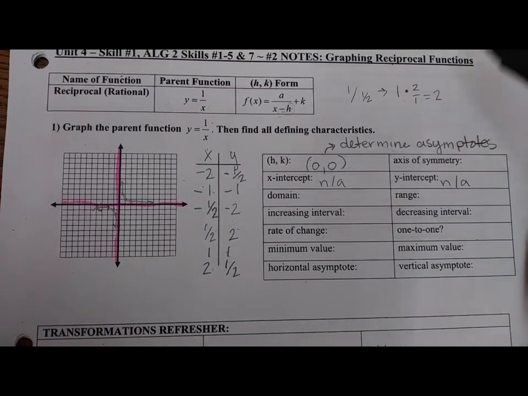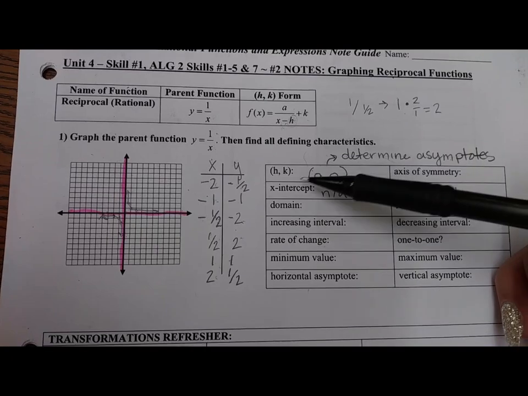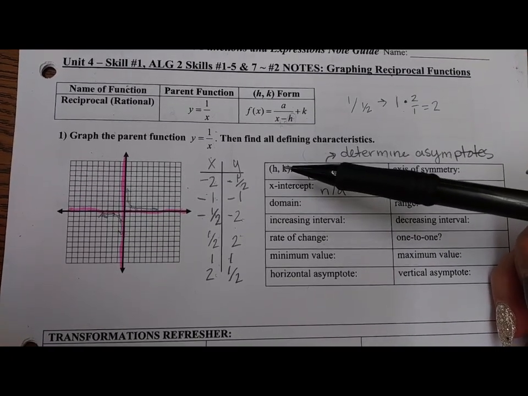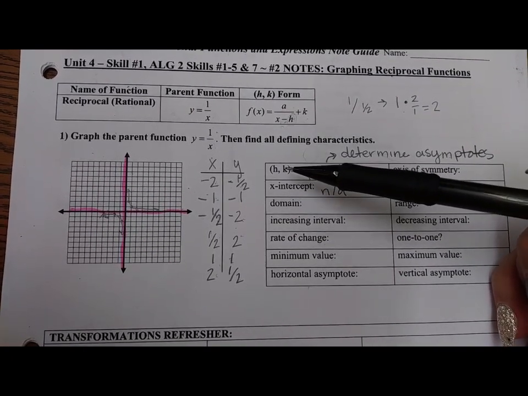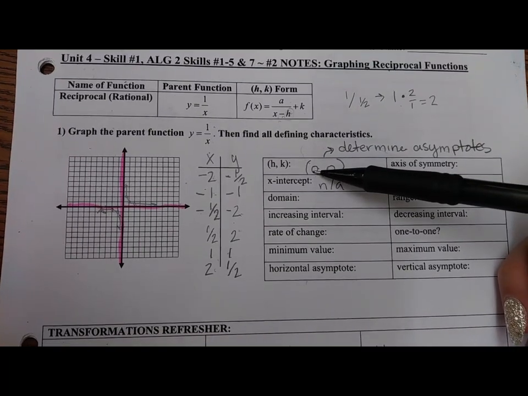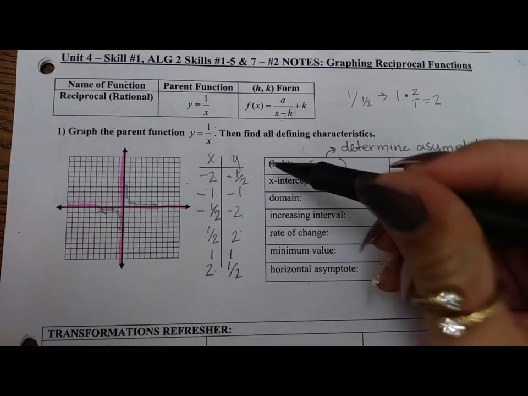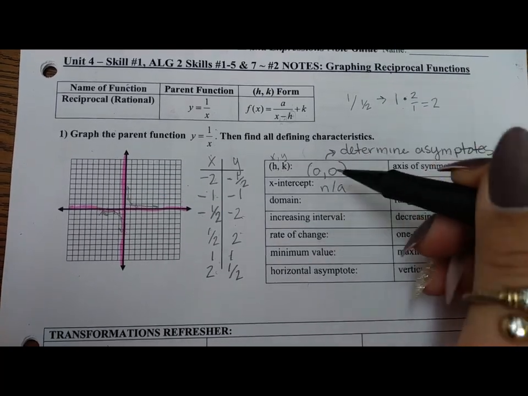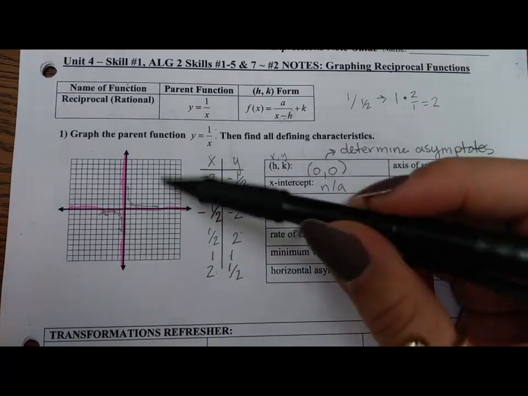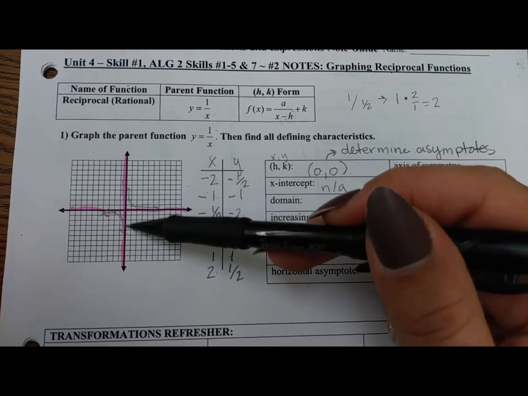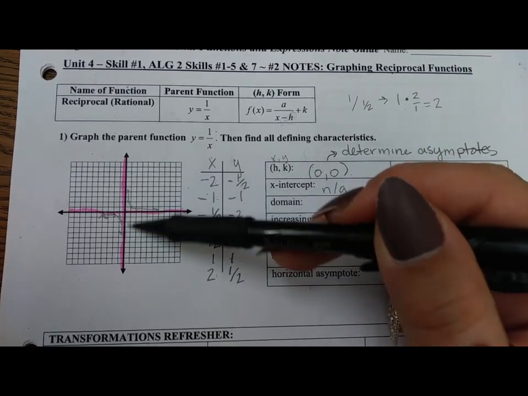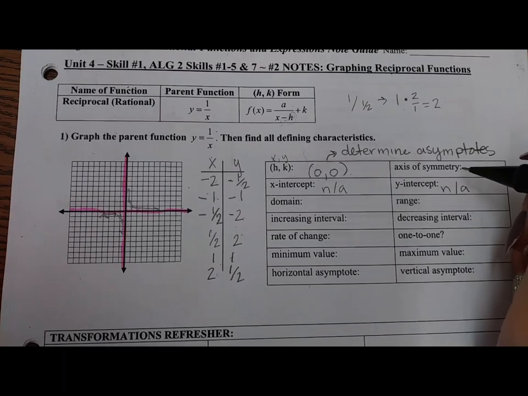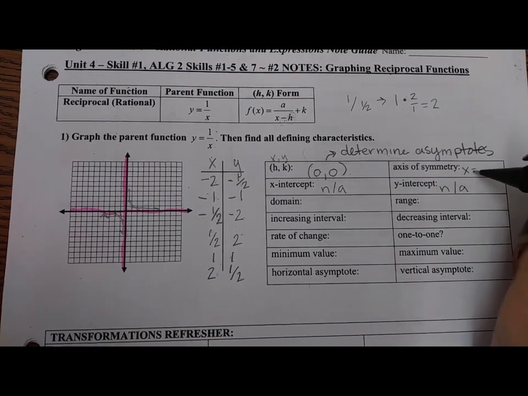Because we know that our h value is 0. That's like our x and our y, HK. So x is 0 because it cuts it right down the middle here. So we're going to say that our axis of symmetry is x equals 0.